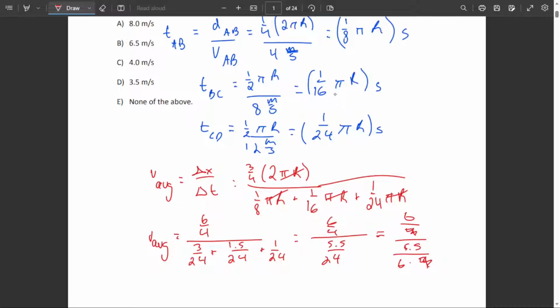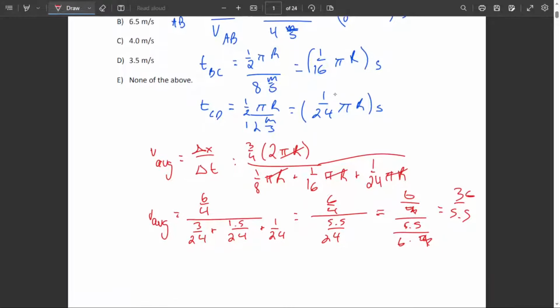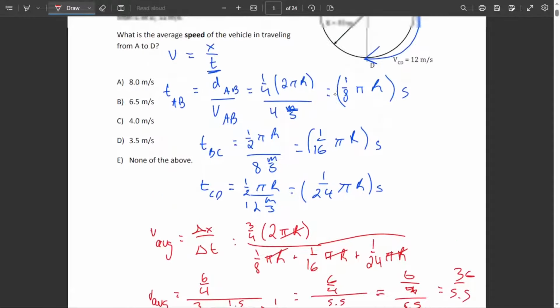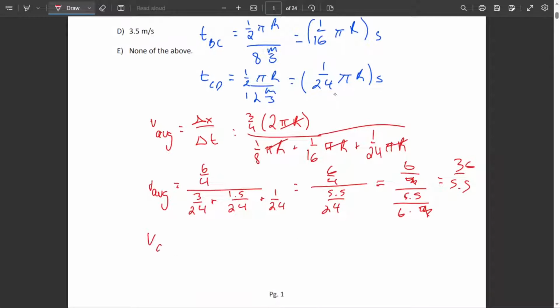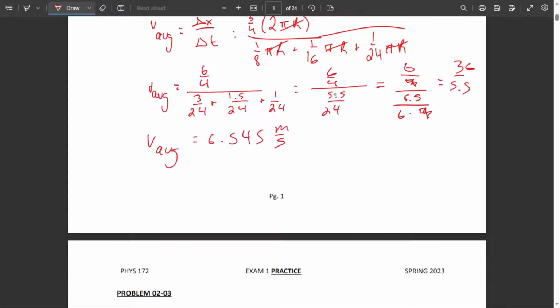Bring the 6 up here. 36 over 5.5, which equals, I think it's supposed to equal around 6.5. Yeah. The average velocity is 6.545 meters per second. So that's our answer. Alright.